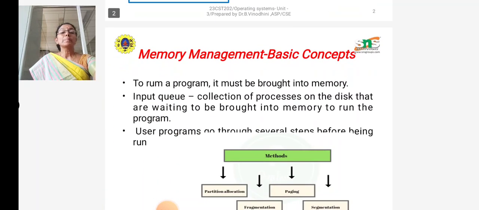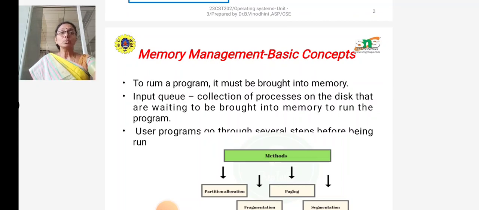So what is memory management? To run a program, it must be brought into memory. Before running, all the programs are in the secondary memory, that is, in the job queue. From the job queue, some of the programs that are ready to run are brought into the ready queue.